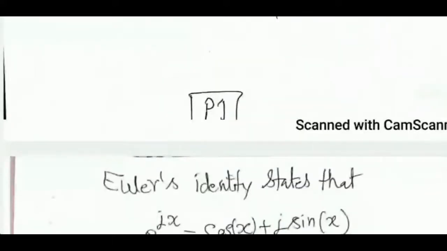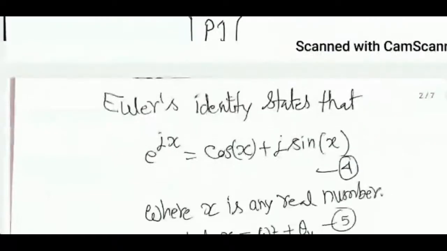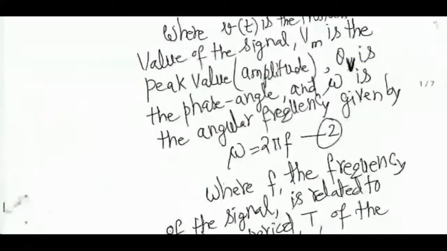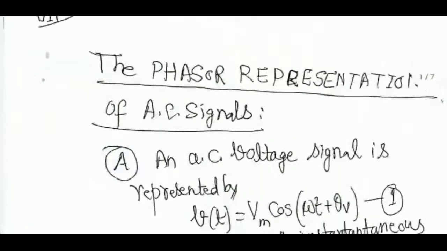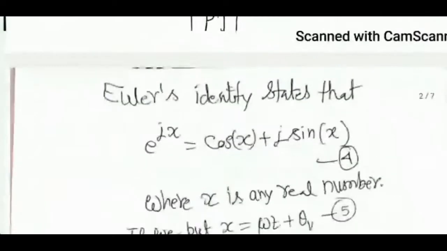Now, come back to Euler's identity, which says that e to the power jx is equal to cos of x plus j sine of x, where x is any real number. Suppose I put x equal to omega t plus theta v in this identity.